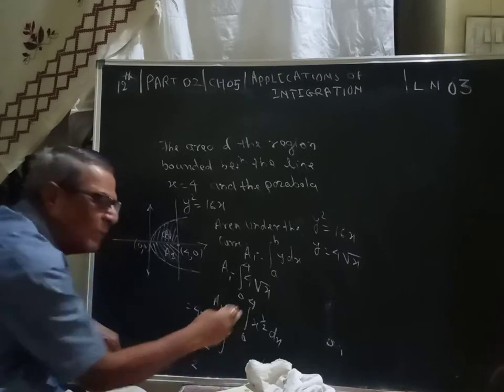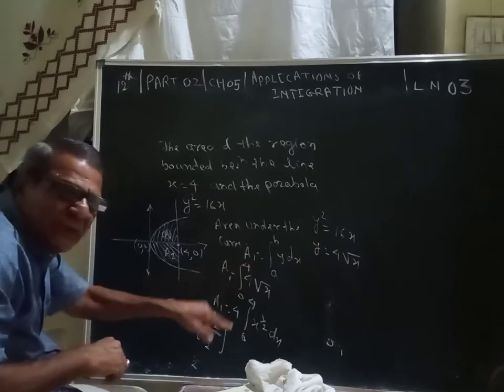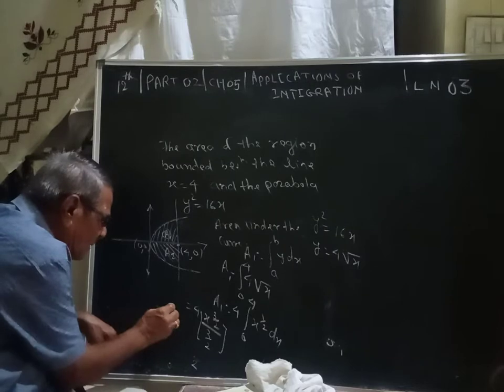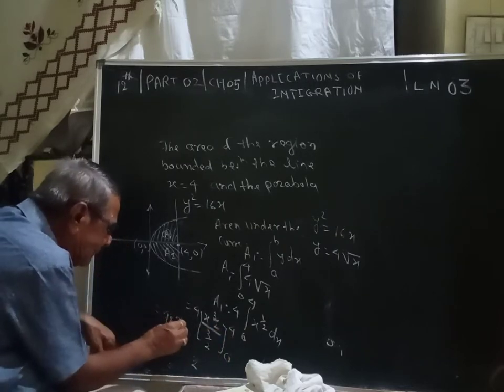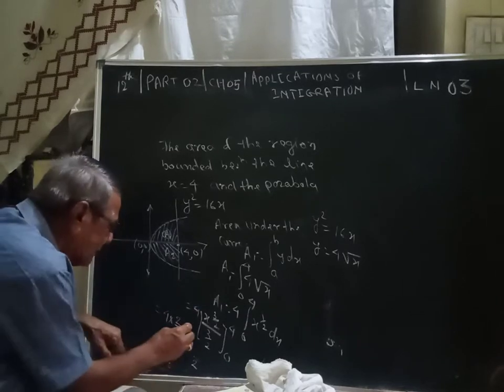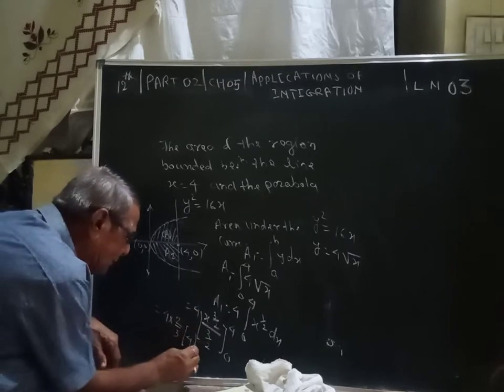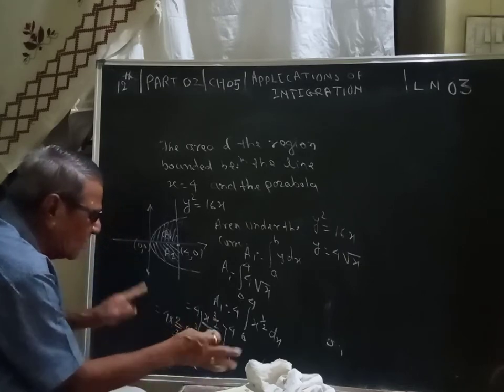Integration of x raised to 1 by 2, ॲड केला 1 त्याच्या इंडायसेस मध्ये, x raised to n plus 1 upon n plus 1. So this is between the limits 0 to 4. So 4 into 2 by 3, when it goes in the numerator, its reciprocal. So 4 raised to 3 by 2 only and minus 0, बरला तर सगळं 0 होऊन जाईल.